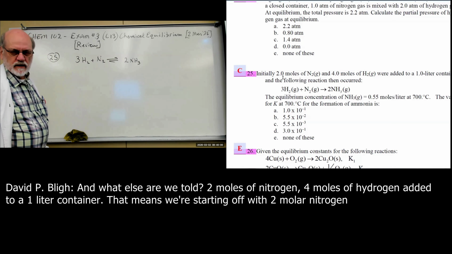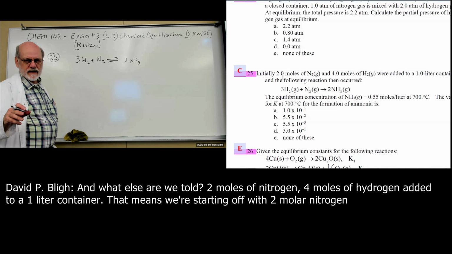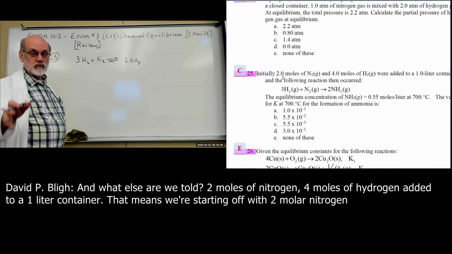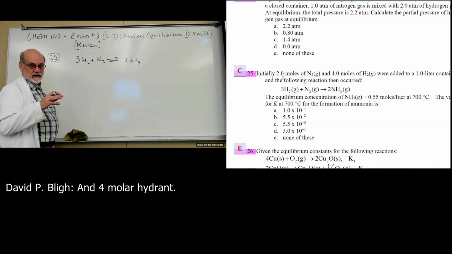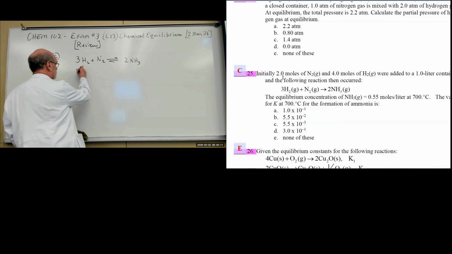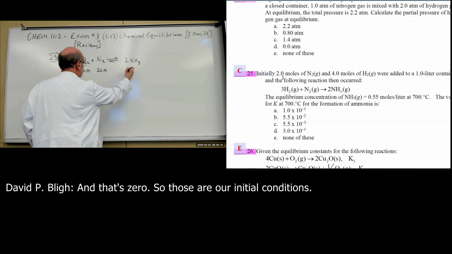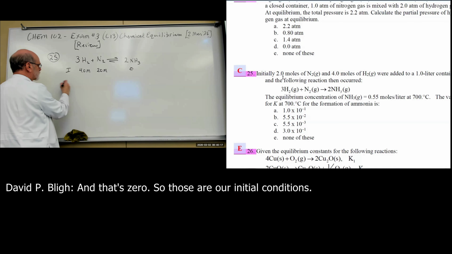And what else are we told? 2 moles of nitrogen, 4 moles of hydrogen added to a 1 liter container. That means we're starting off with 2 molar nitrogen and 4 molar hydrogen. And that's 0. So those are our initial conditions.